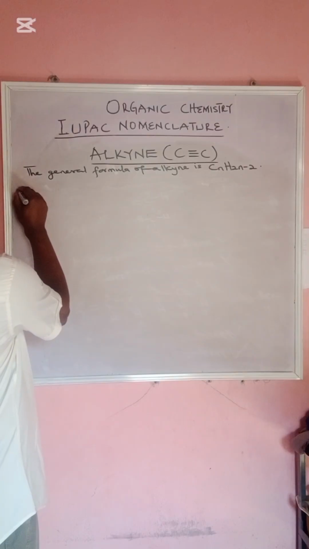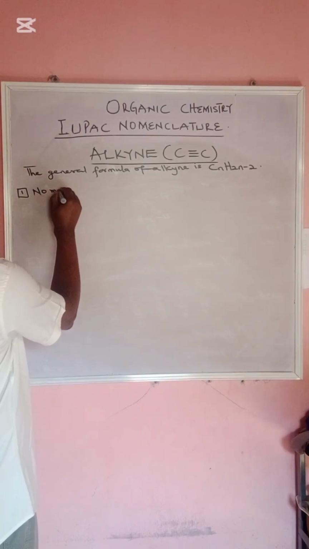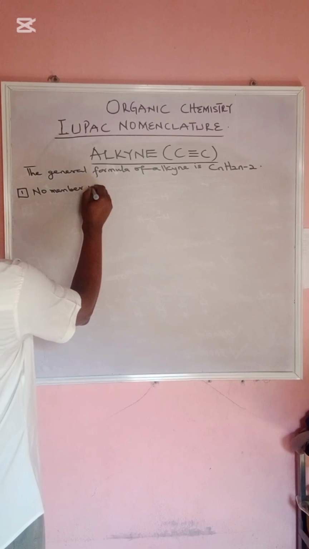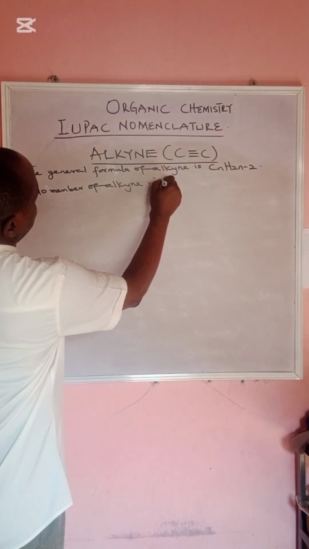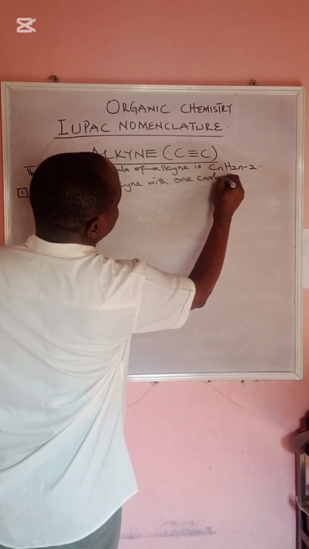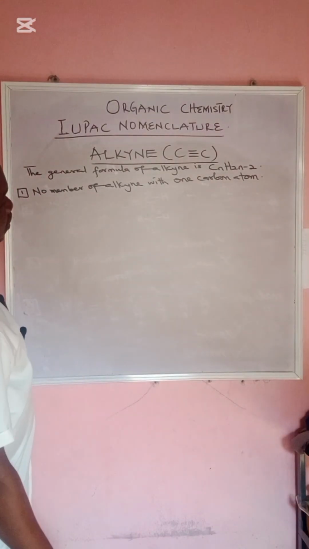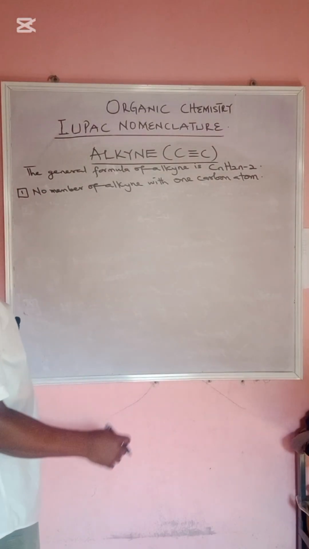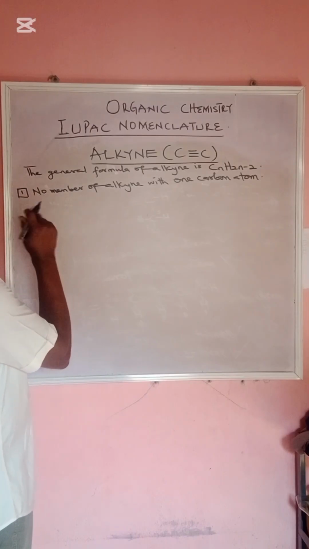So the first member, no member of alkyne with one carbon atom. So nothing like methyne. No. The first member starts with two carbon atoms.